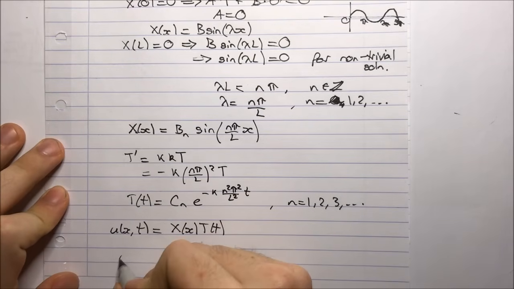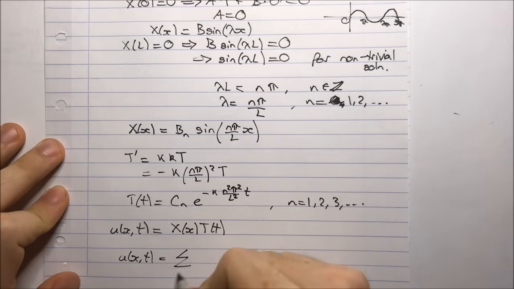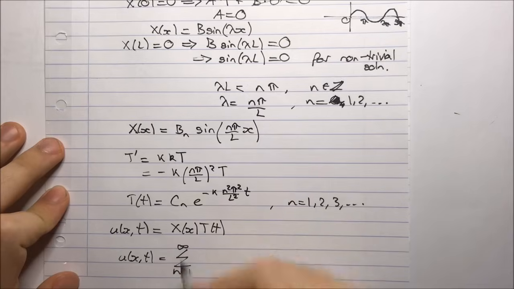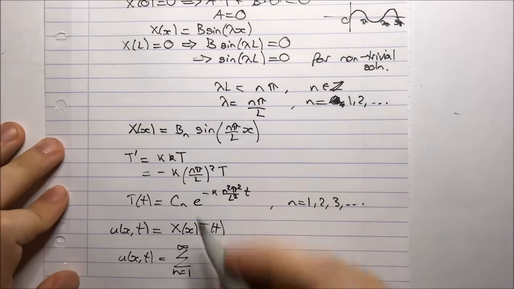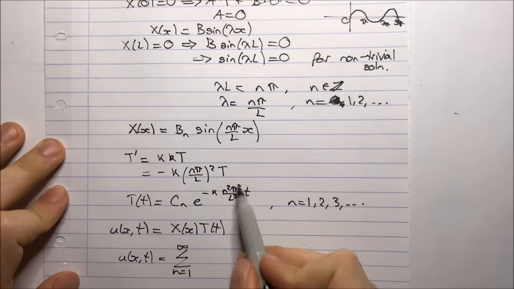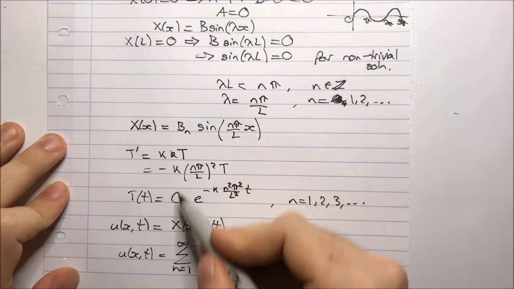So my solution u(x,t) is going to be the sum from n equals 1, because that's where I start, to infinity of X(x), which is this thing here, times T(t), which is this thing here. So I'll have B_n times C_n.